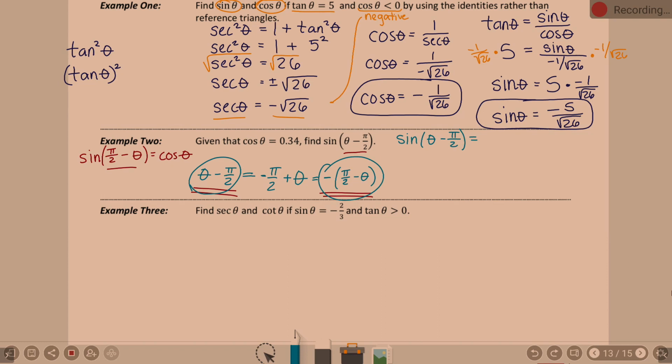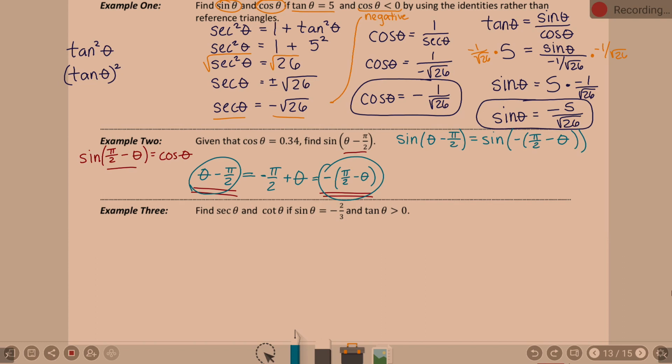So now I'm going to rewrite this as the sine of the negative of pi over 2 minus theta. Now, I use some parentheses there to be official. Now, there's a factor of negative, yes?